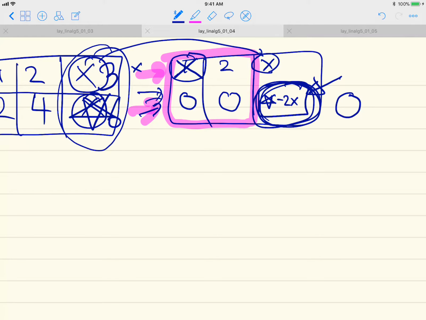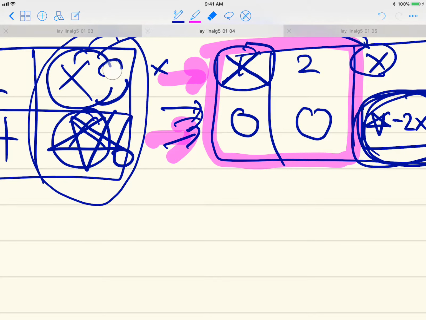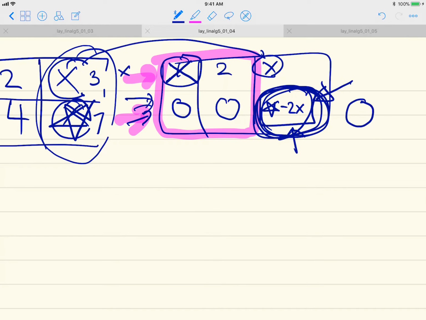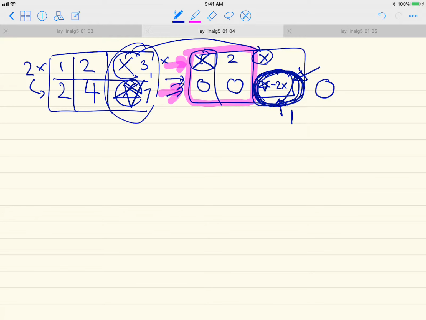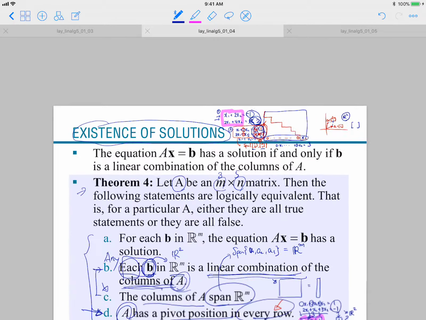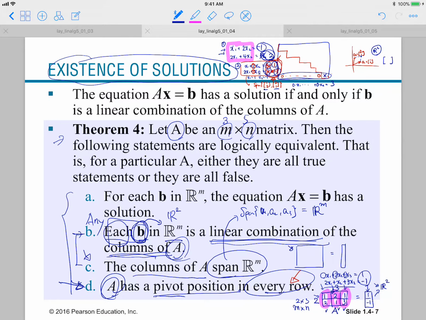So if instead of 3, 6, we had maybe 3, 7, in that case we will have the pivot on the last column, as 1, and thus we have no solution in this case, right? So this is the case not corresponding to this theorem, because we want to consider the case where we can always guarantee the solution regardless of any b.